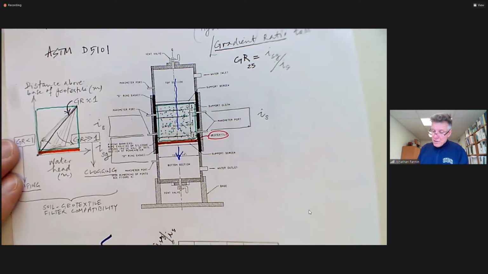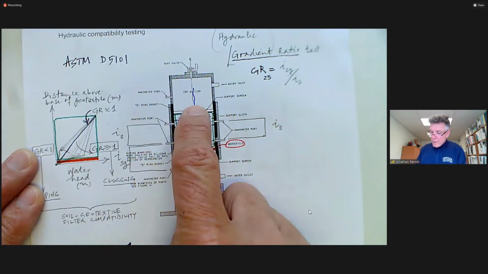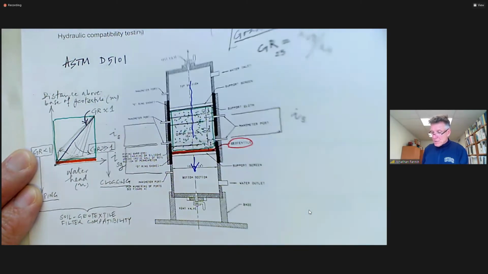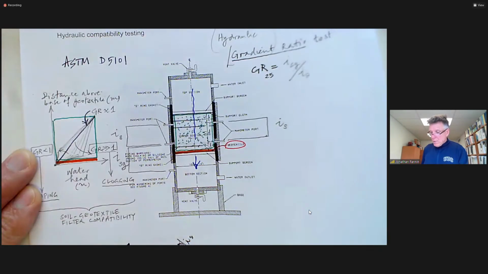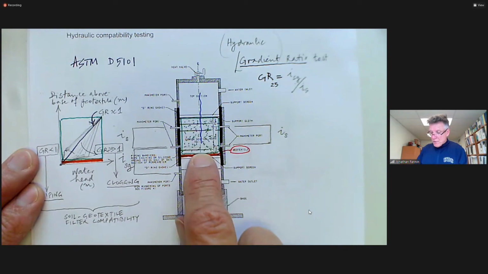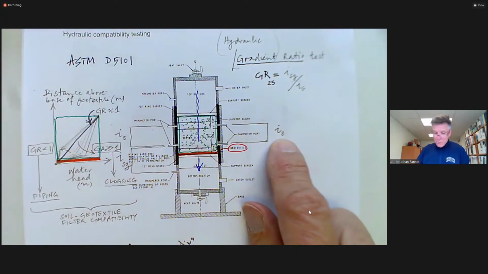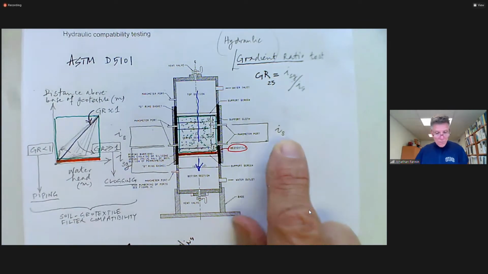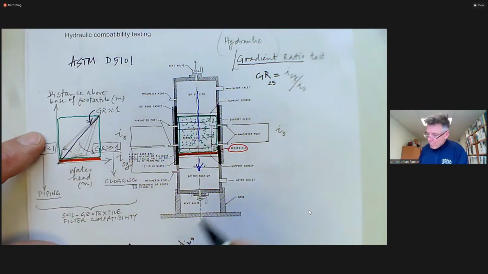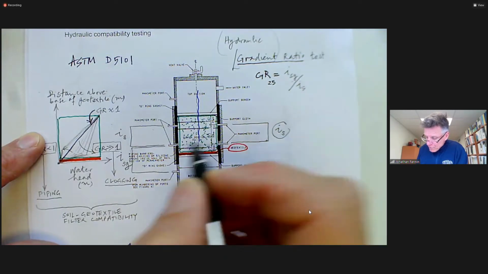We can test for soil geotextile filter compatibility by carrying out a rigid wall permeameter test, just as we would do to get the index permittivity, by reconstituting soil in contact with the geotextile, imposing unidirectional flow in a downward direction, and measuring the hydraulic gradient across the soil and across the soil geotextile zone.